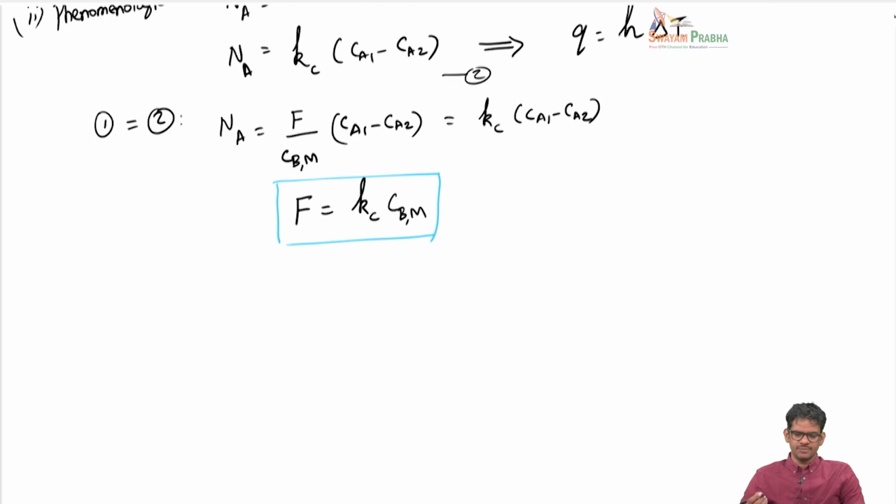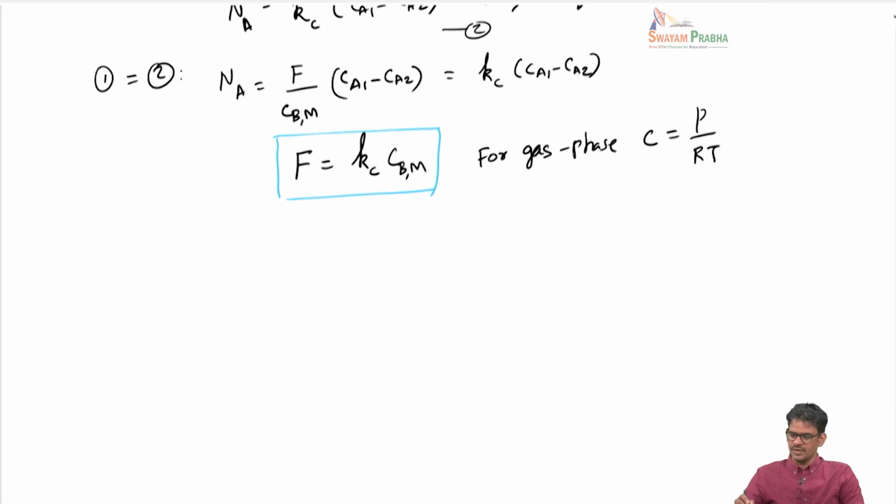When we use these expressions for gas phase systems, we can relate concentration in terms of pressure as C equal to P by RT, and then we can write this CBm in terms of pressure also, PBM by RT.